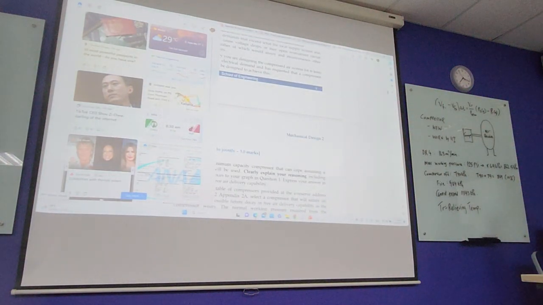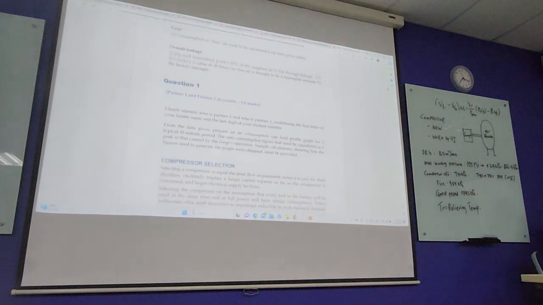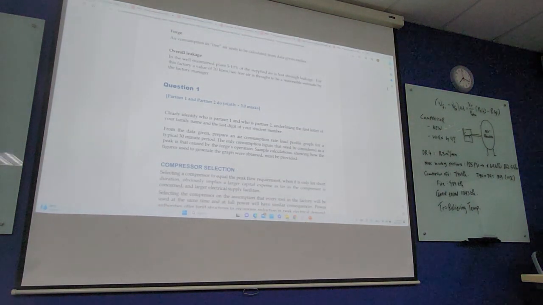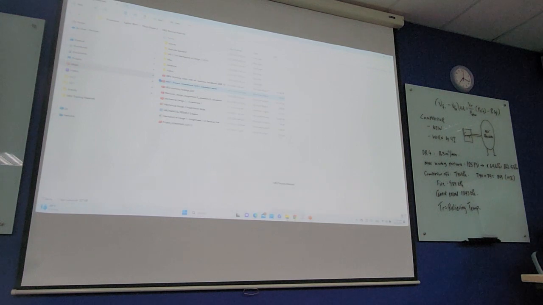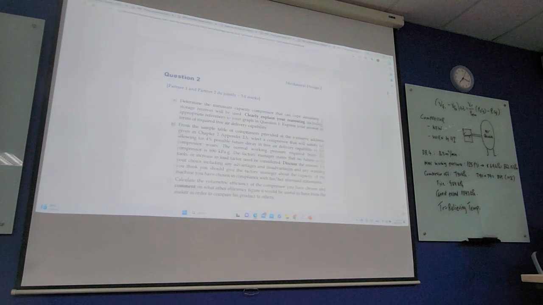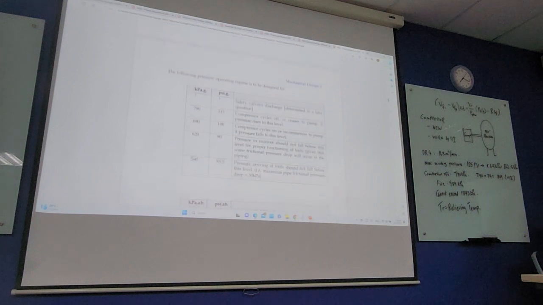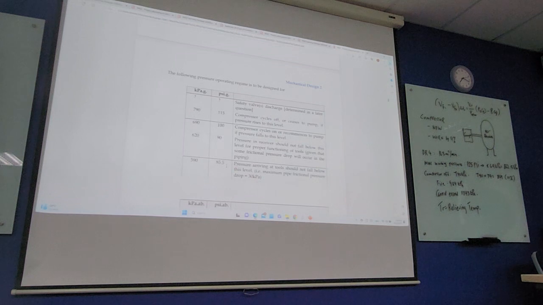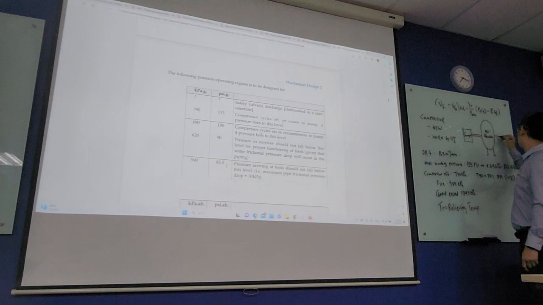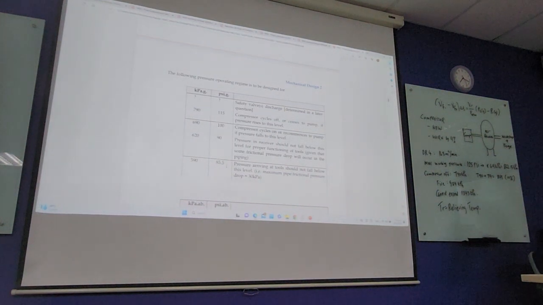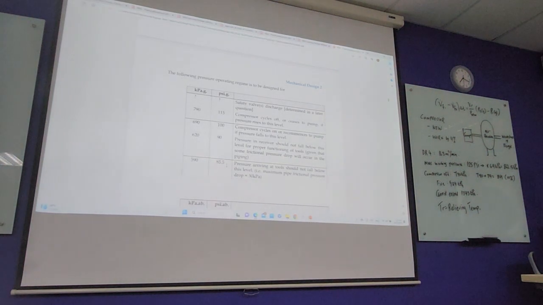Right, according to our list, based on this, what will be the minimum requirement needed? This one will go to the receiver air out.